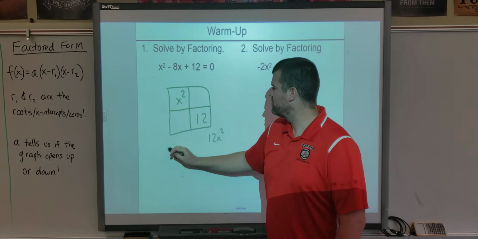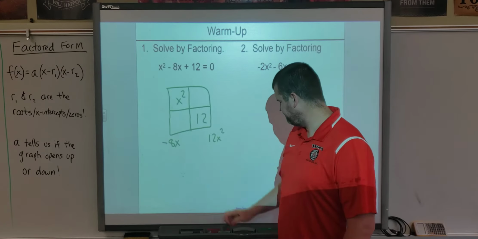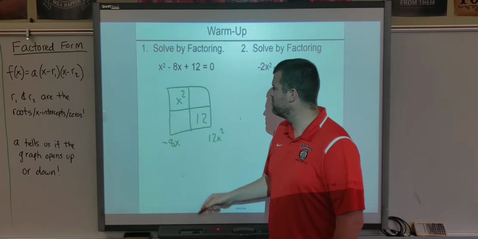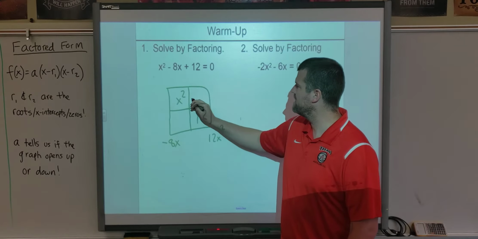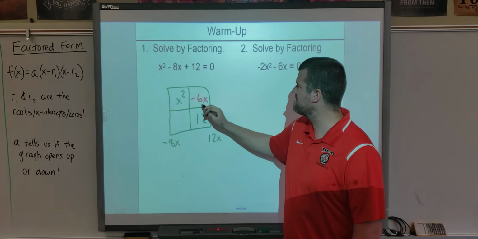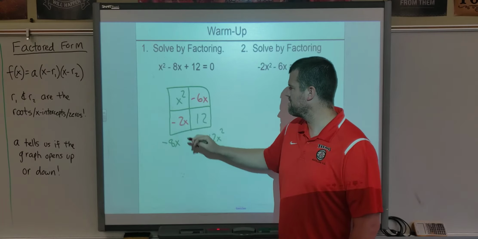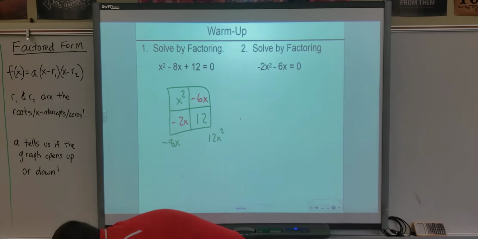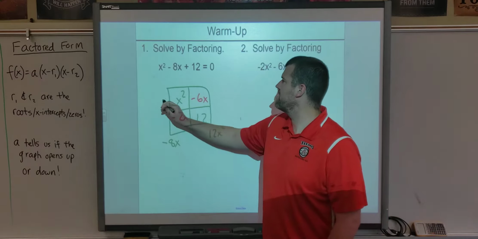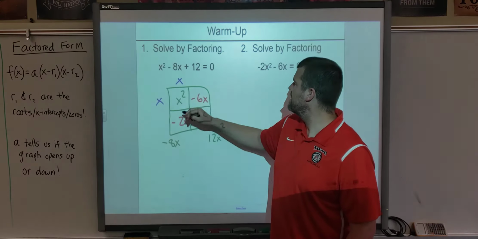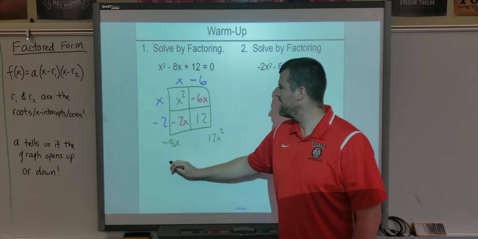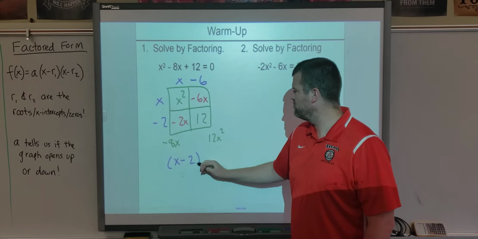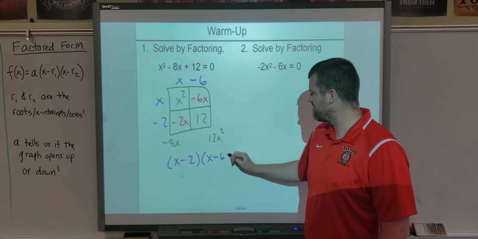We need to add to a negative 8x, which means our two unknown boxes, in order to multiply to positive 12 and add to negative 8, are going to be negative 6x and negative 2x, which will give us factors of x minus 6 and x minus 2. So our factors are x minus 2 and x minus 6.